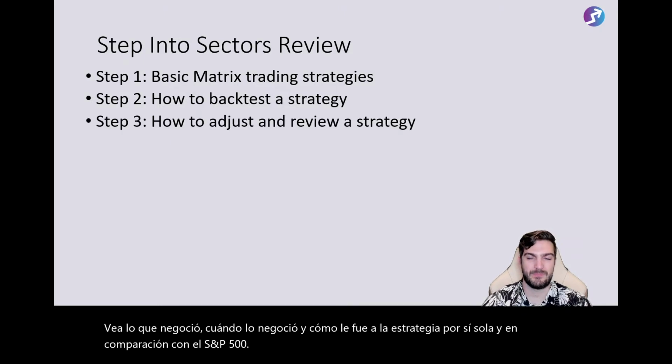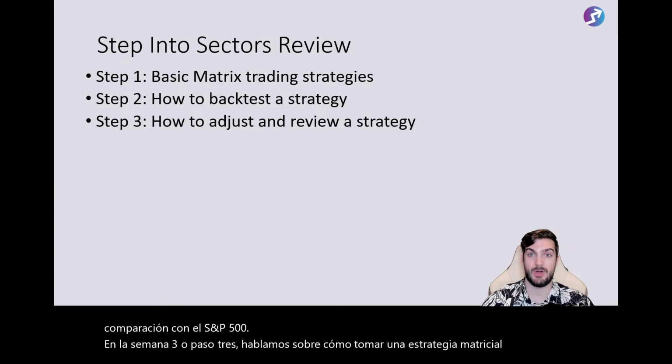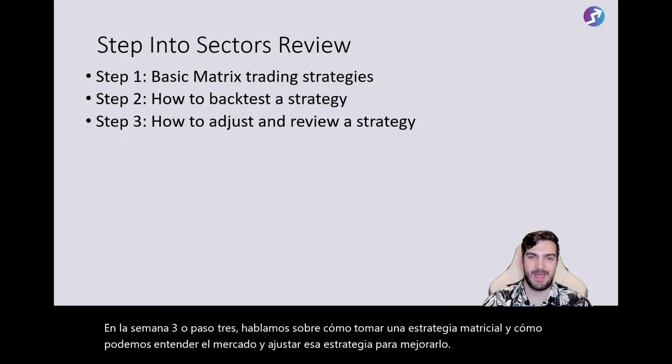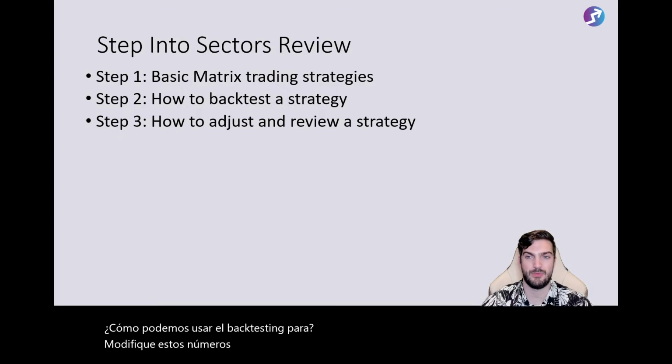In week 3, or step 3, we talked about how to take a matrix strategy and how we can understand the market and adjust that strategy to improve it. How we can use backtesting to tweak these numbers and see how those numbers affect our results.